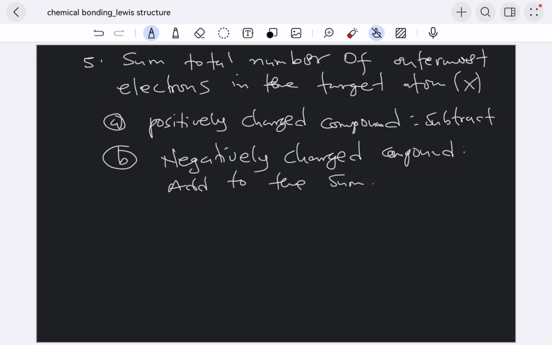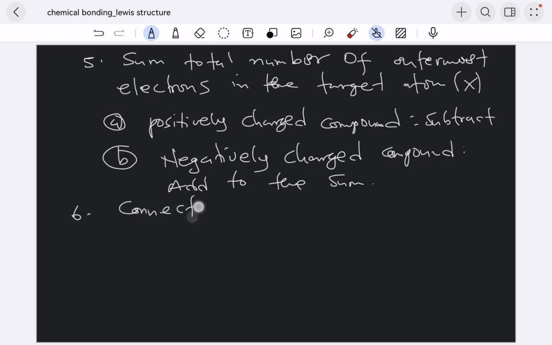Let me look at the 6th rule, then we're going to see how these rules or steps apply.